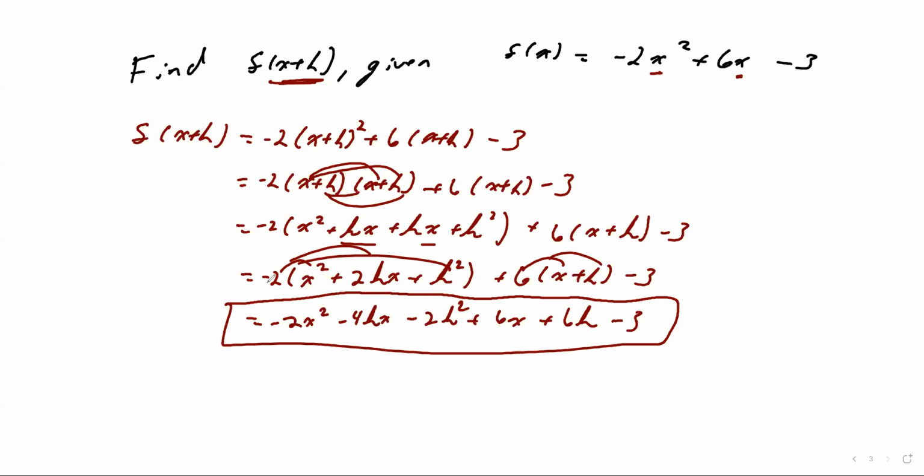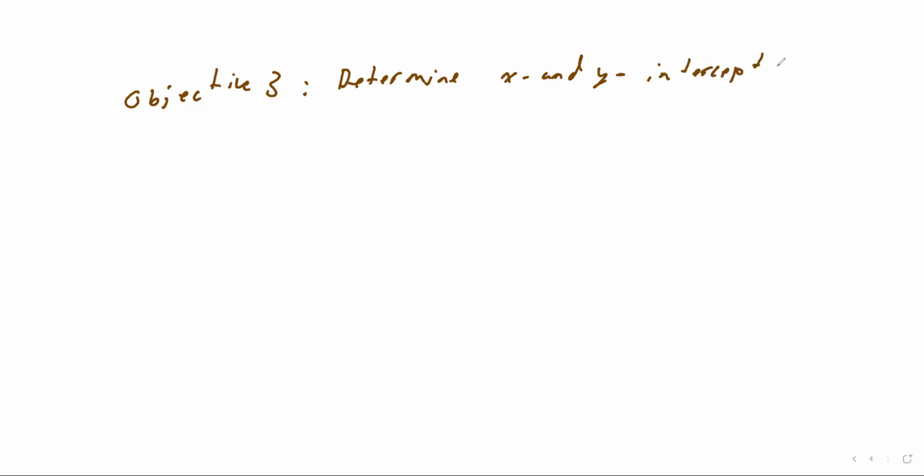All right, so let's look at the next objective. So in objective 3, I want you to determine the x and y intercepts of a function defined by y equals f of x.